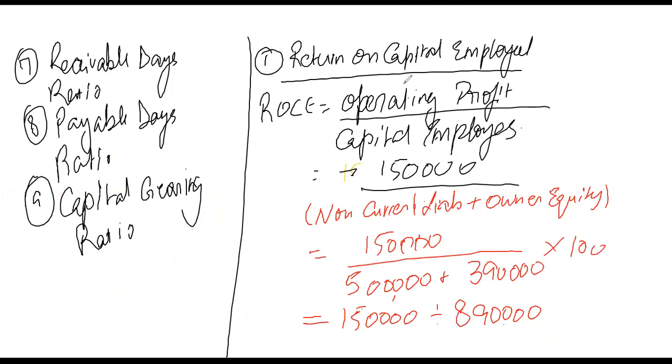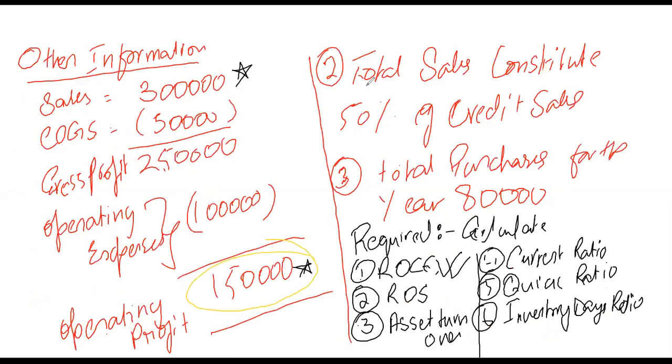So up till now, we have calculated two different ratios, return on capital and return on sales. Now come towards the asset turnover ratio, one of the most beautiful ratios in order to get to know the asset-related interpretation with regard to this particular company. So I'm calculating the asset turnover ratio.